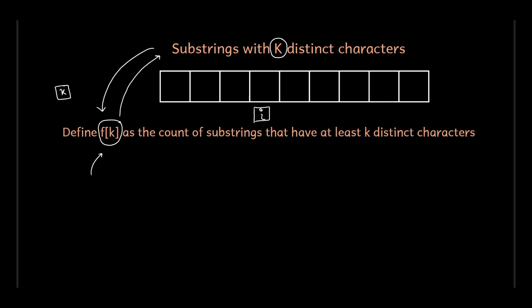So now you are interested in finding out how many substrings there are that start at I and have at least k unique characters.